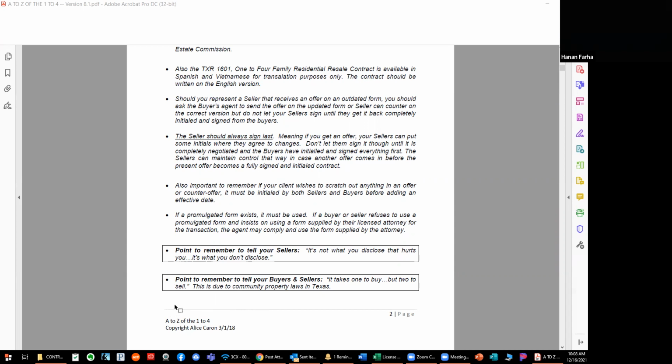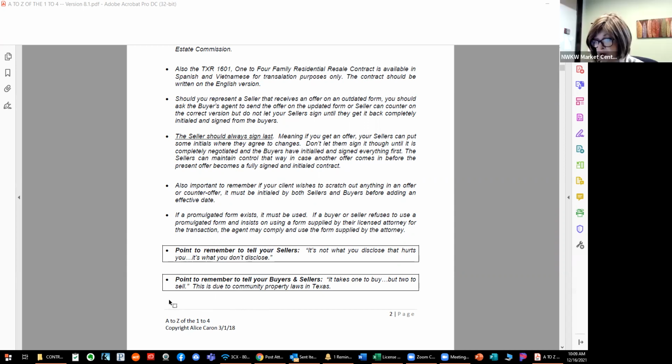Another point to remember is for buyers and sellers, it takes one to buy, but it takes two to sell. That means even though somebody may have owned a piece of property prior to a marriage or a partnership, both parties need to sign it, because there could be community property involved.